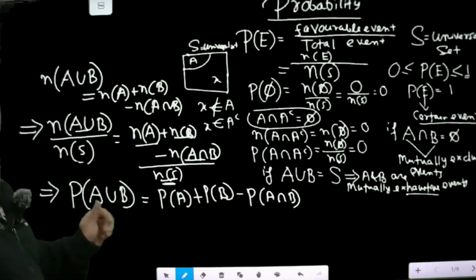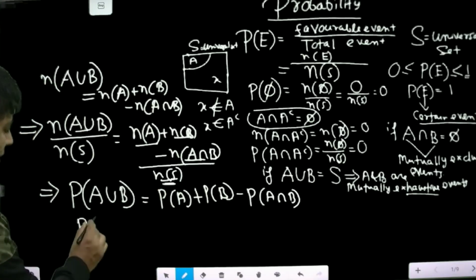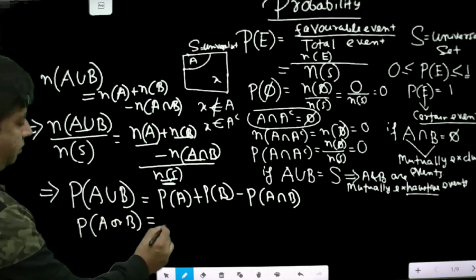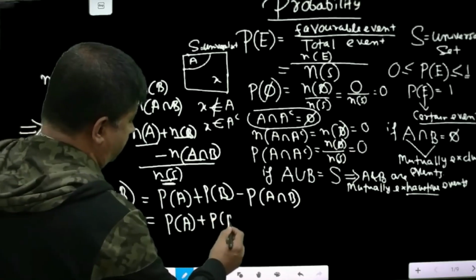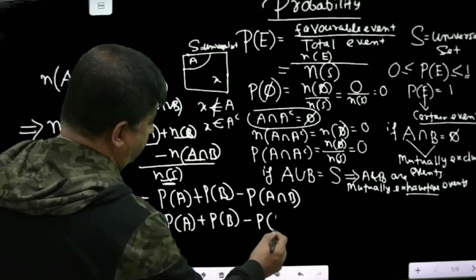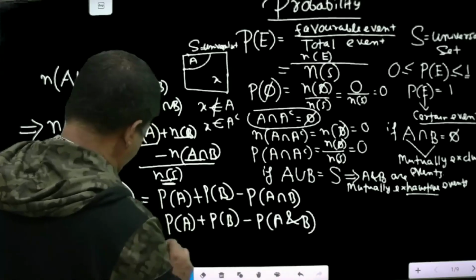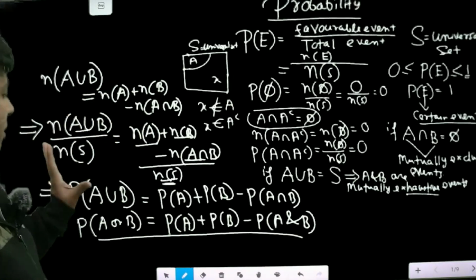And in set theory, you had got the concept: union means OR, and intersection means AND. So this concept you got early.